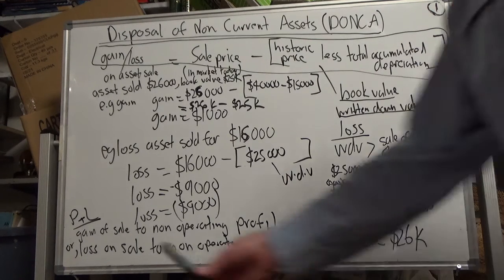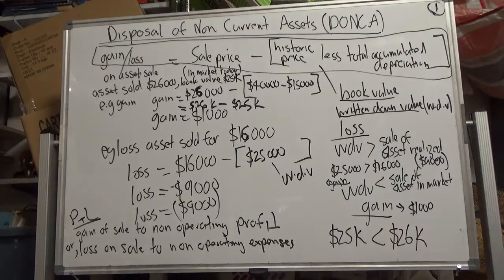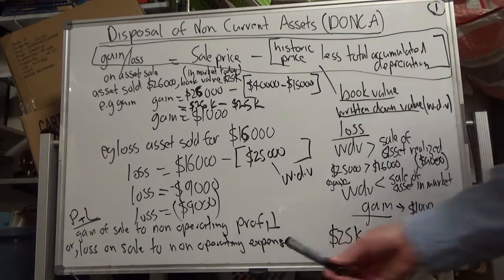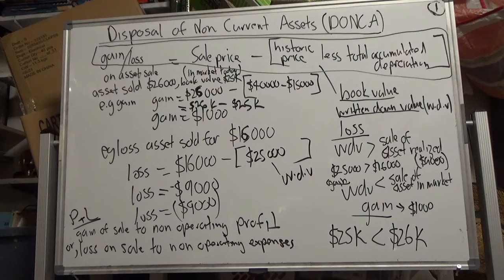If it's a loss in the P&L, you put the loss in non-operating expenses, normally written below total operating expenses.